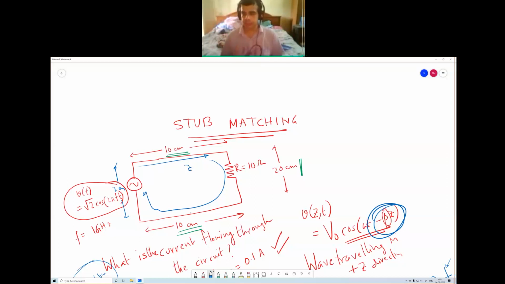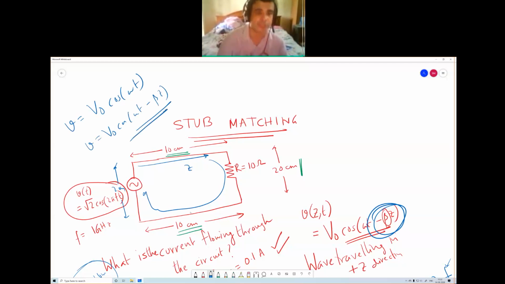So in our circuit theory course, we had always written V equal to V naught cos of omega t, and we never wrote V equal to V naught cos of omega t minus beta z, but this is more correct. When the frequency is low, this can be approximated to this, and this approximation is usually very good.